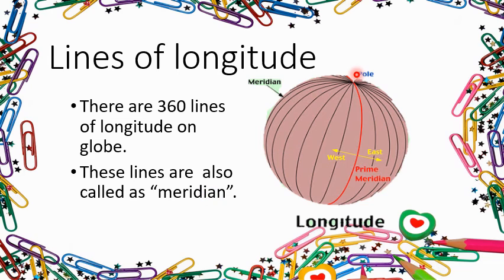As you can see, there are the lines that are traveling from one pole to another. They are called lines of longitude. Apart from this, we can use another word for it, that is meridian. So simply we can say that there are 360 lines of longitude, plus we can also say that there are 360 meridians on the globe. Okay, because both of these are the same thing.